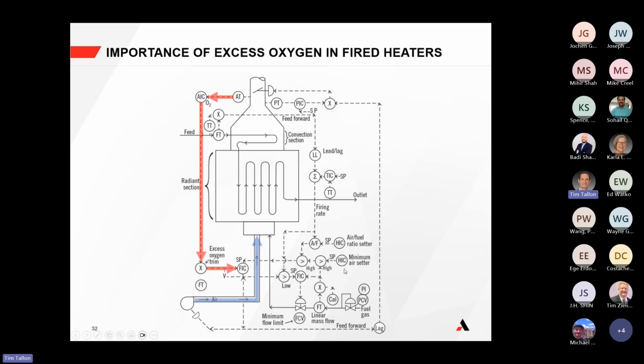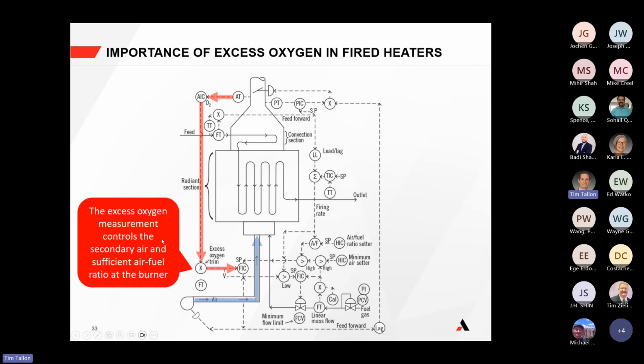That feedback is important so that it can adjust the amount of air that goes into the fired heater, and it provides us a measurement, a secondary visibility point to ensure that you have a sufficient air to fuel ratio at the burner. And so that's the case with traditional fired heaters.